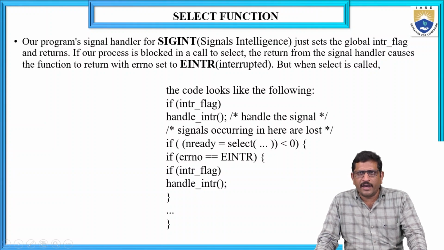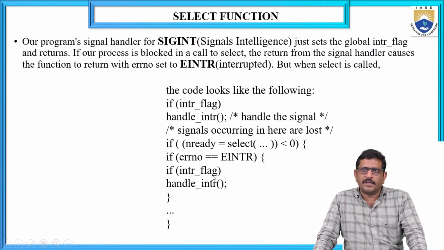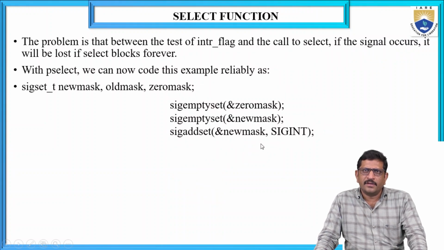Interruption means the data communication between the primary device and the secondary device is stopped. Here, if nready is less than 0 from select, and if errno is equal to EINTR, if the interrupt flag is set, handle the interrupt. So this is the code for the signal interruption between the primary device and the secondary device.